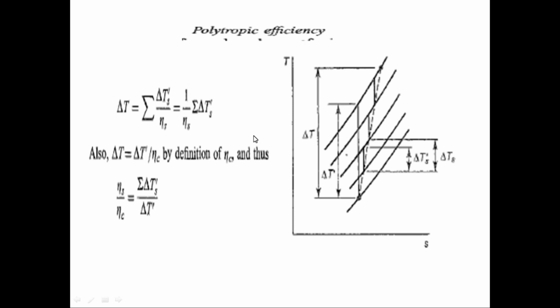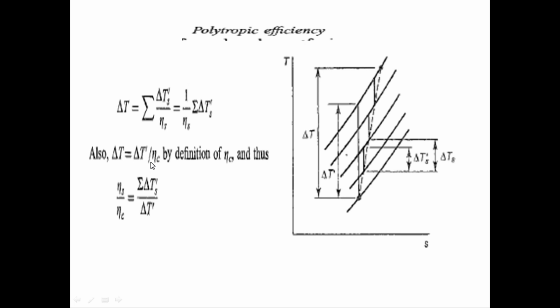Okay, so from the definition of the efficiency of the compressor, we can write delta T is equal to summation of delta T dash S divided by the efficiency of the stages. So this will become equal to 1 over the efficiency of the stage times the overall rise in the temperature for all the number of stages isentropically.